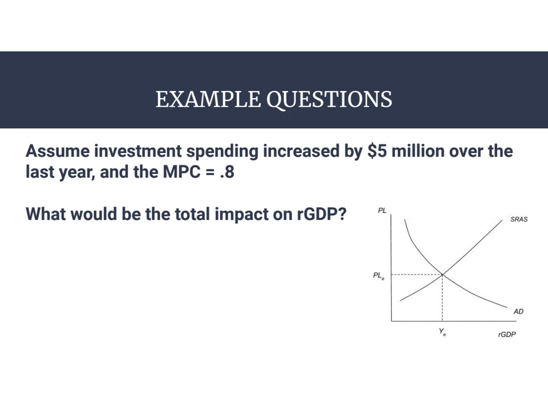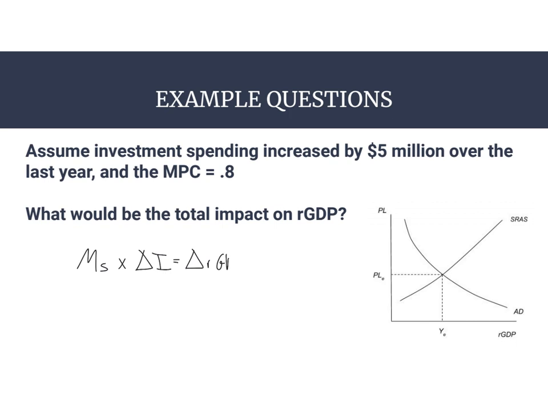We can start with the original formula and fill in as we go. The question is talking about investment spending, so we're going to have the spending multiplier, which we don't know yet because it wasn't given to us, times the change in investment spending, equals the change in real GDP.